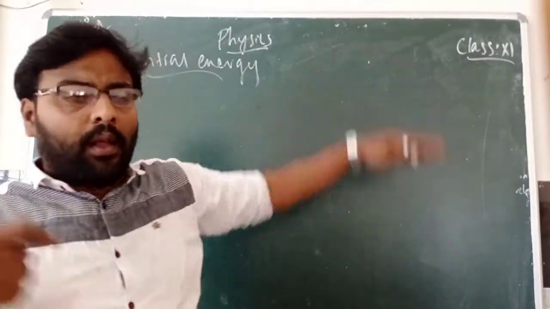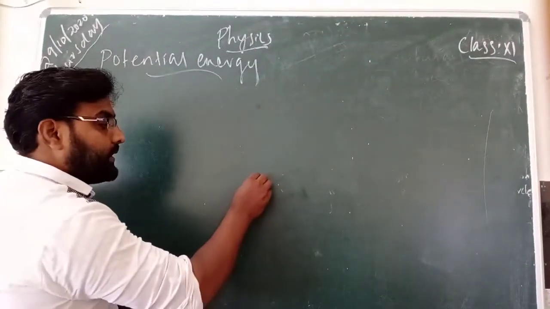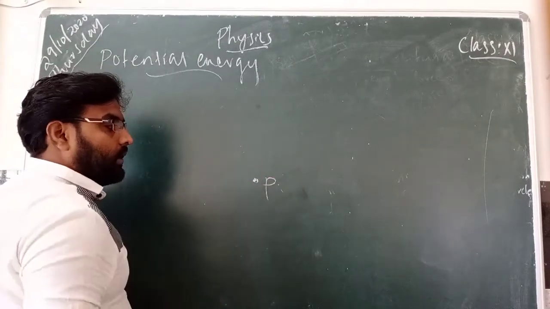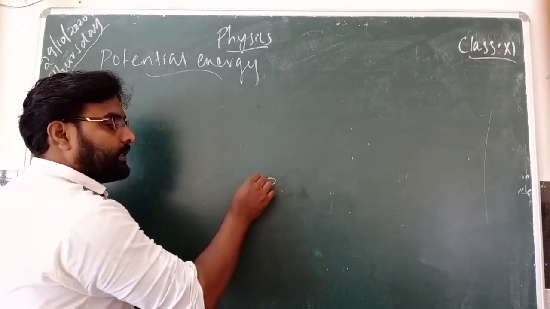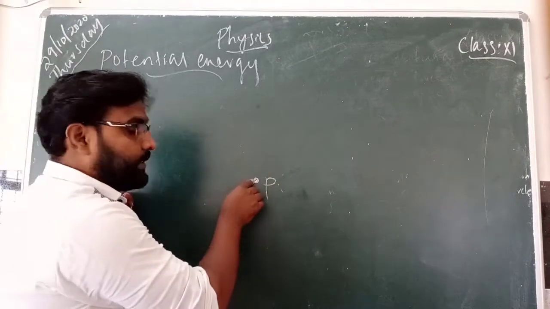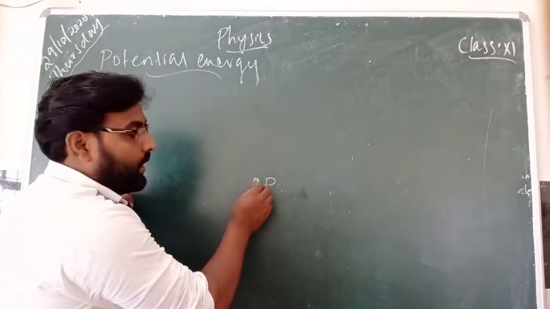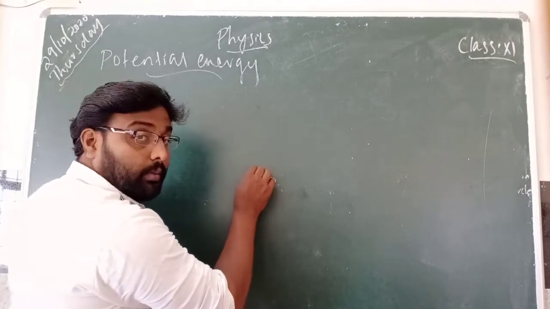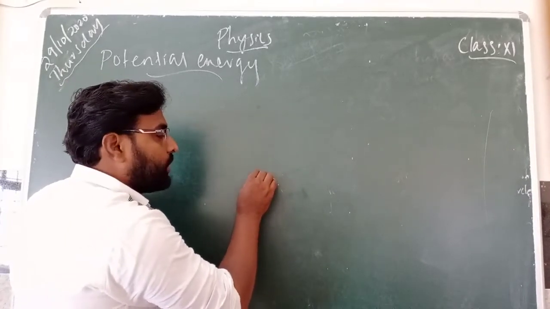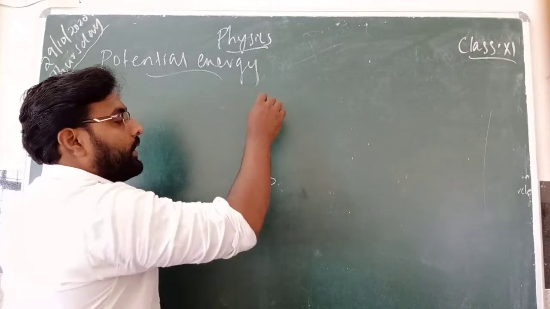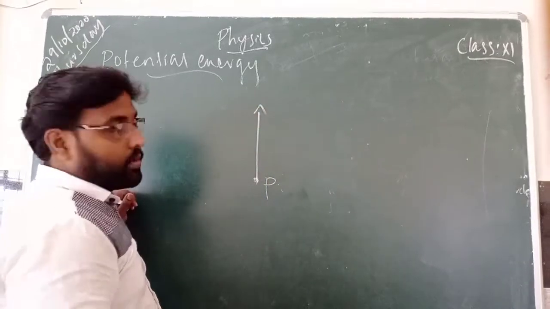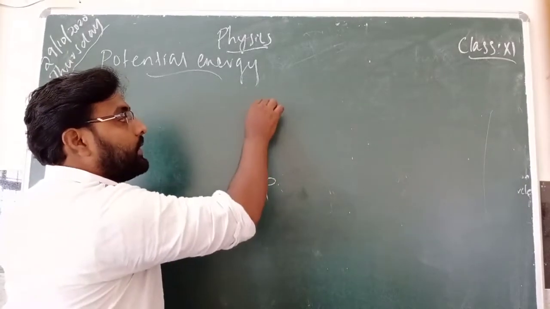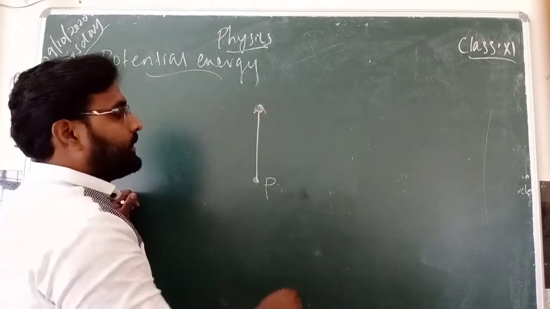Like that, assume that an object at rest has its initial position here, and from this initial position, this object is lifted here. So from this initial position to this final position, the object is shifted.